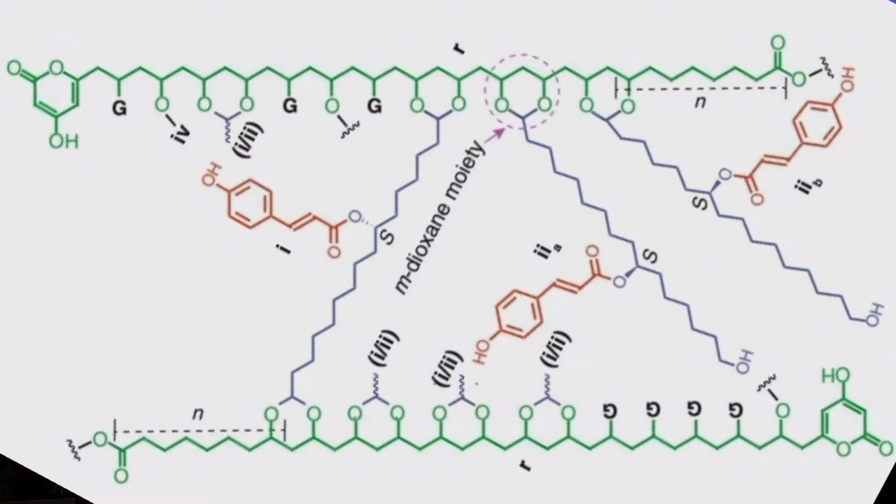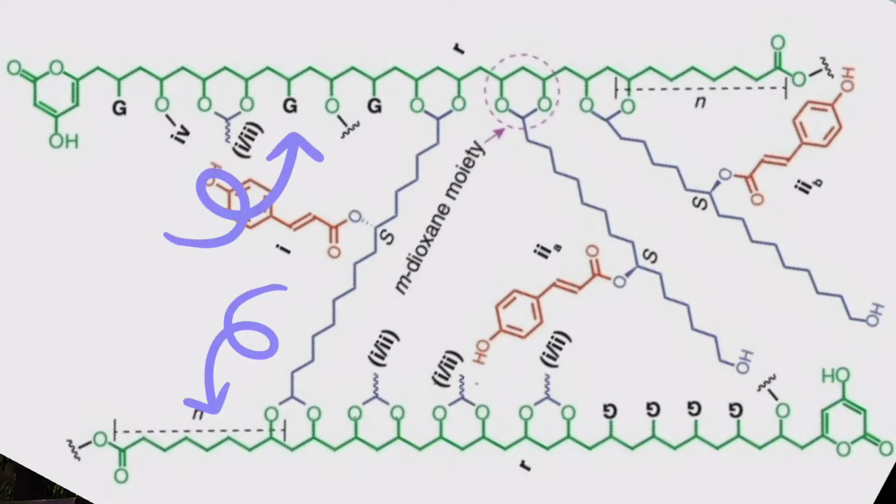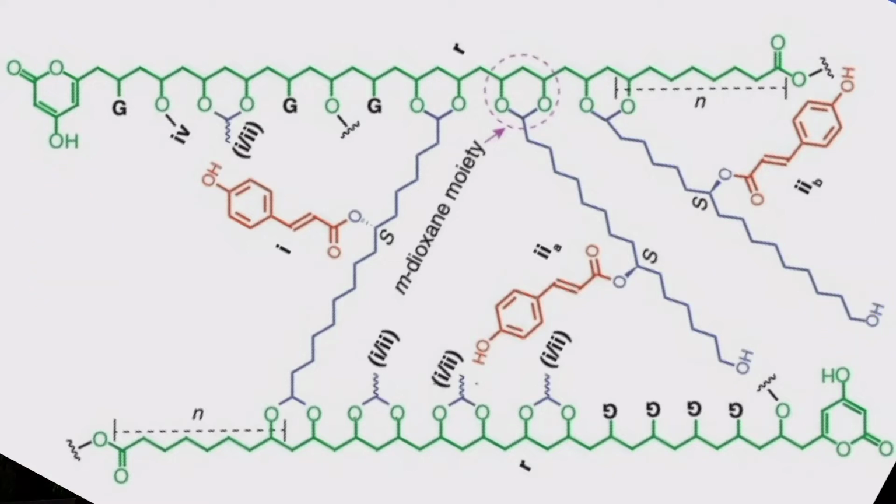This is the polyketide derivative polyvinyl alcohol, which at one end contains alpha pyrone, and at the other end contains an ester linkage which is connected with the next molecule.